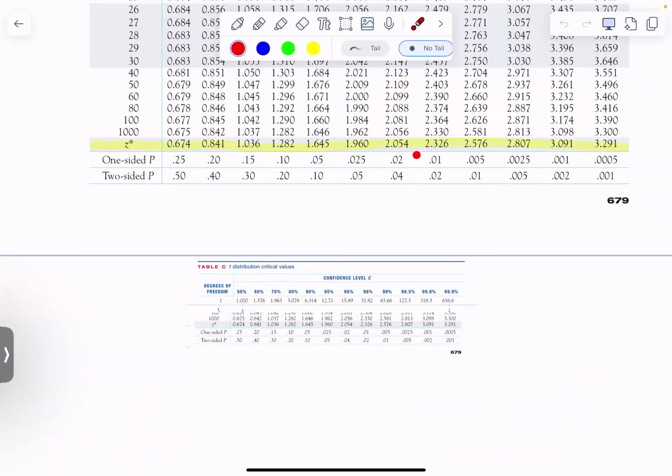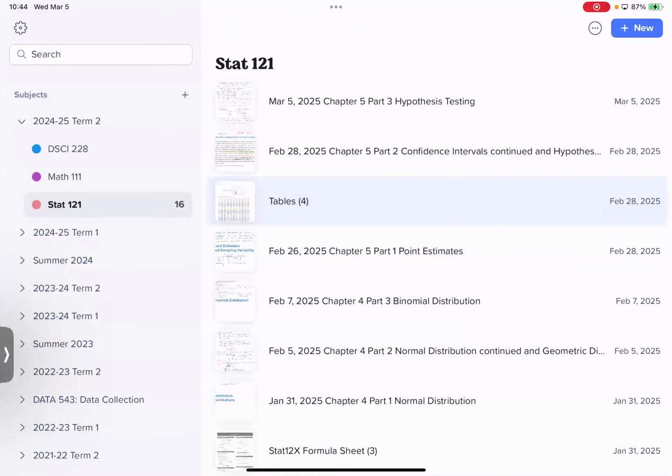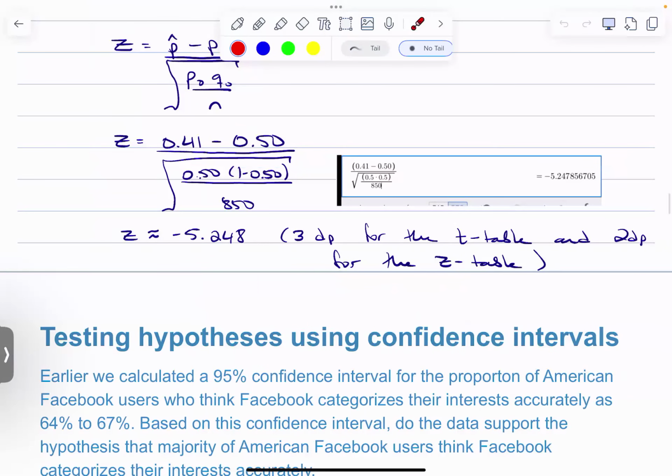So you'd be doing yourself a disservice if you rounded to 2 decimal places, because then you might end up between the wrong 2 values, right? So you just want to match the table, that is really the rule. Or just keep as many decimal places as you can, and that's fine too. Right? But to use the Z table, you need 2. Okay.